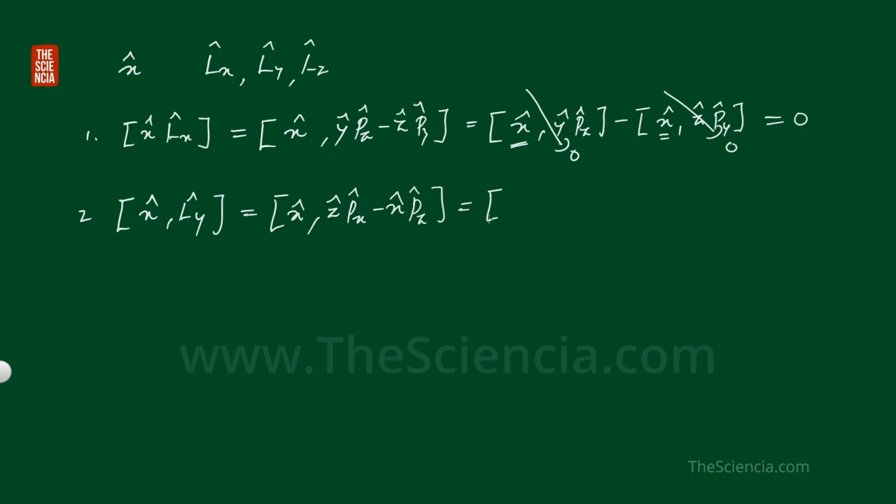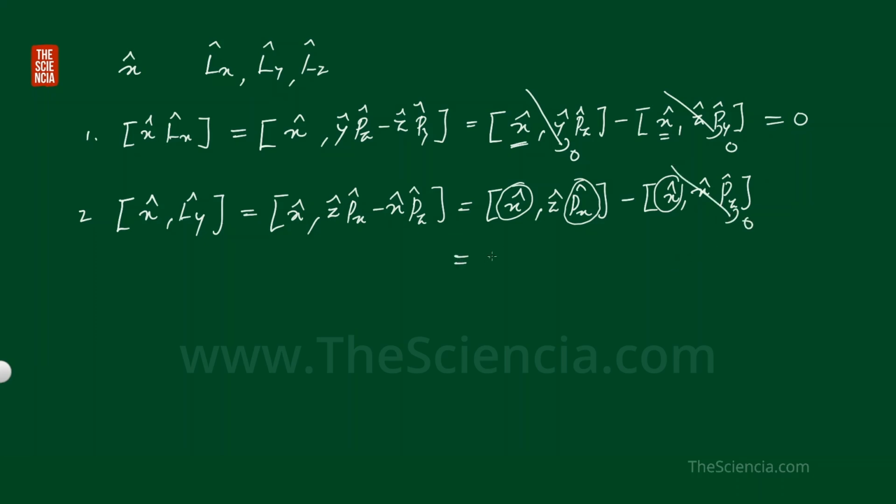That is equal to, we can expand as [x, z px] minus [x, x pz]. Here, when we are considering this x, there is a conjugate momentum, that is px, present. Okay, so this value is not equal to 0. And here, when x is considered, there is no px term. So this is definitely equal to 0.